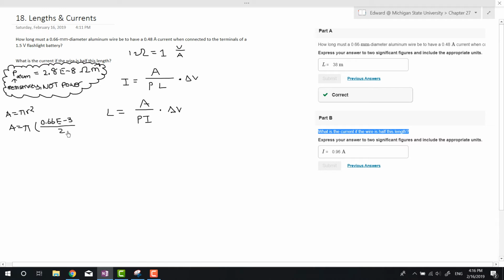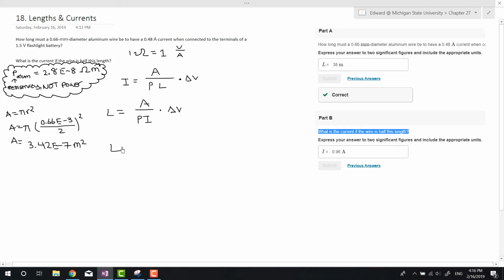Divide by 2 because we need a radius, and we square it. So let me go ahead and type this in a calculator. So we get 3.42 e to the negative 7 meters squared.